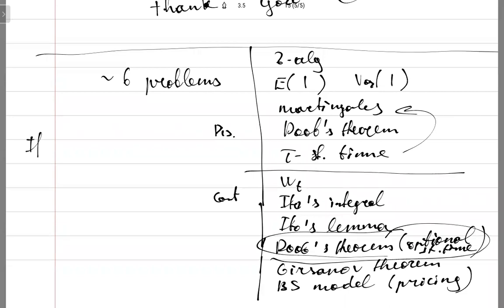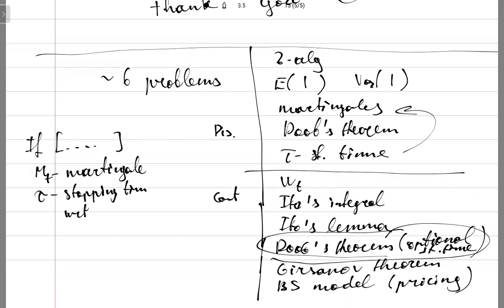If some technical conditions hold, M_t is a martingale, tau is a stopping time with respect to some filtration F_t, then the expected value of M_tau is the expected value of M_0.